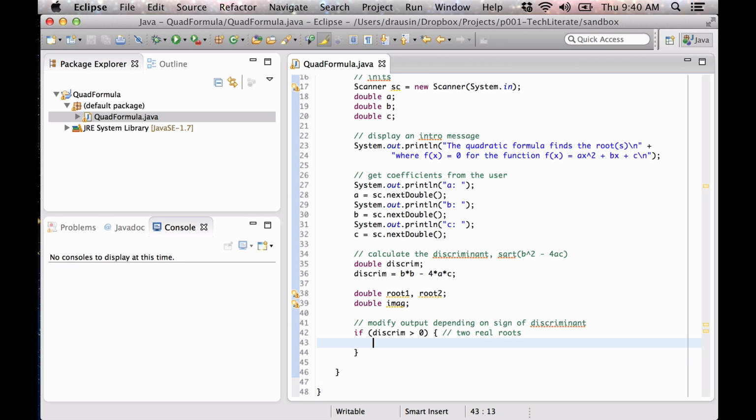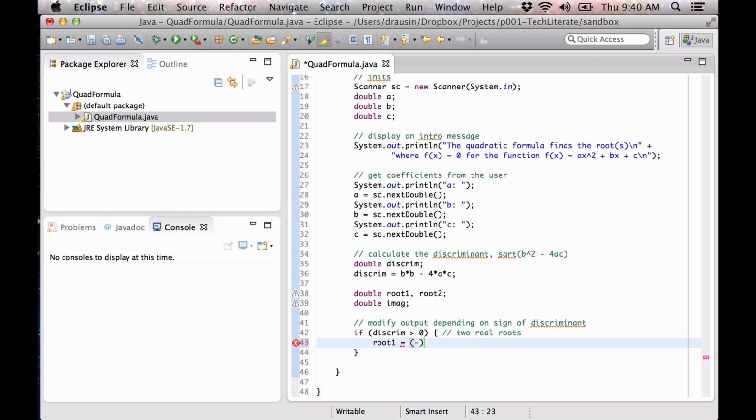Okay, so root1. Of course, again, if you're forgetting what the quadratic formula is, go back and read about it. I'm not going to address it directly here. It's negative b plus or minus the square root of the discriminant, divided by 2a. Actually, let's do it a different way.